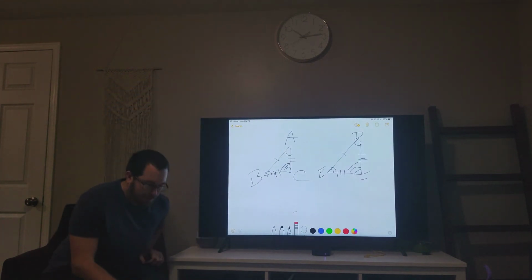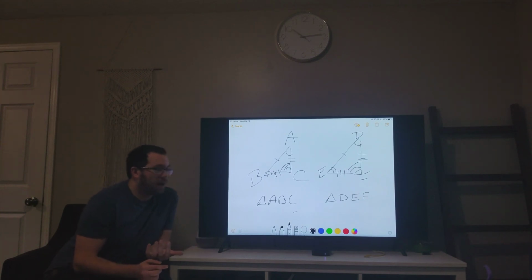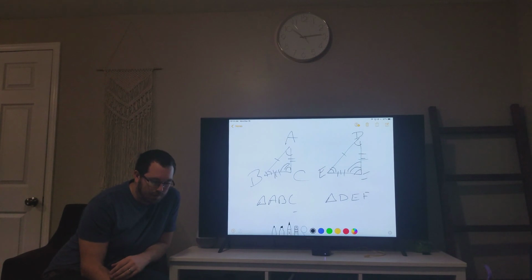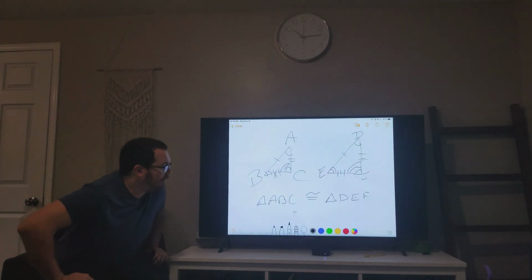And so we're going to refer to the triangle as a whole now. We're going to refer to triangle ABC, and we're going to compare that to triangle DEF. And we're going to say that these triangles are congruent. Our symbol to represent that is an equal sign with a little squiggly line on top. And that represents that we have congruency.